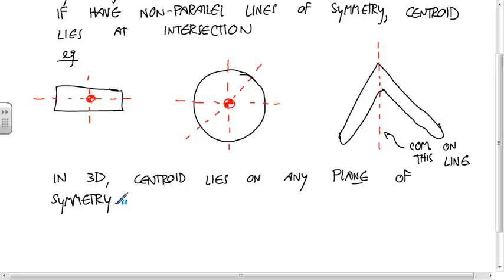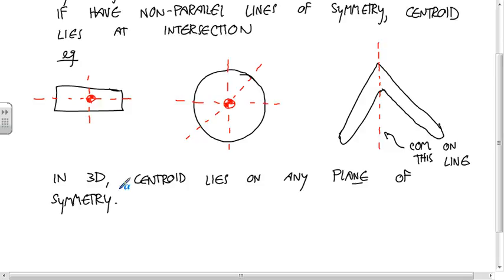A line, yep. And so finding where two planes of symmetry intersect isn't enough to specify the centroid, right? But if you take a third plane and intersect it through those two, those three planes intersect at a point, and that point is the centroid.